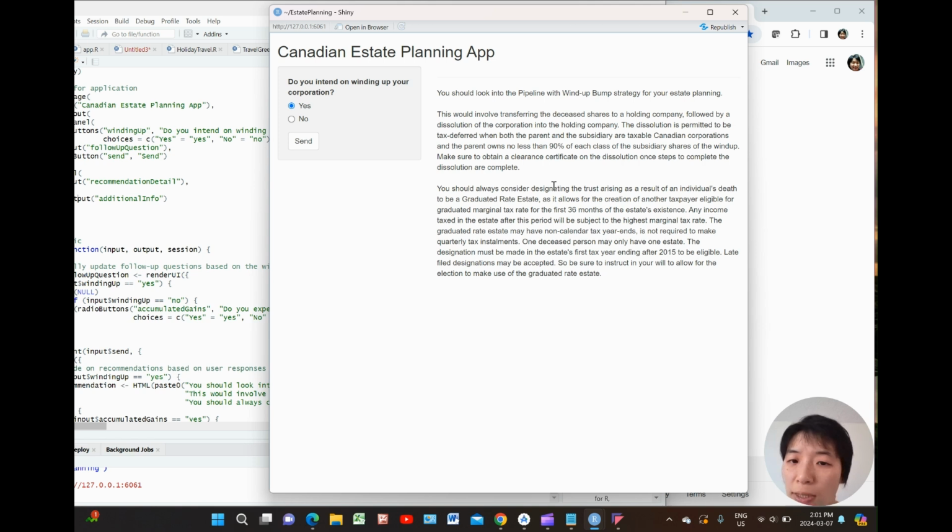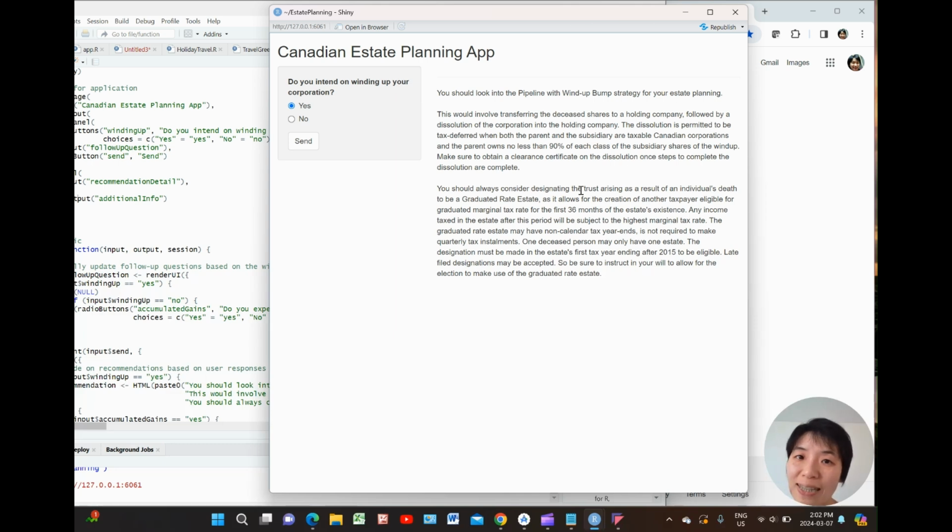So you should always consider designating the trust arising as a result of an individual's death to be a graduated rate estate, because it allows for the creation of a separate taxpayer eligible for the graduated marginal tax rate for the first 36 months of the estate's existence. And any income taxed in the estate after this period will be subject to the highest marginal tax rate.